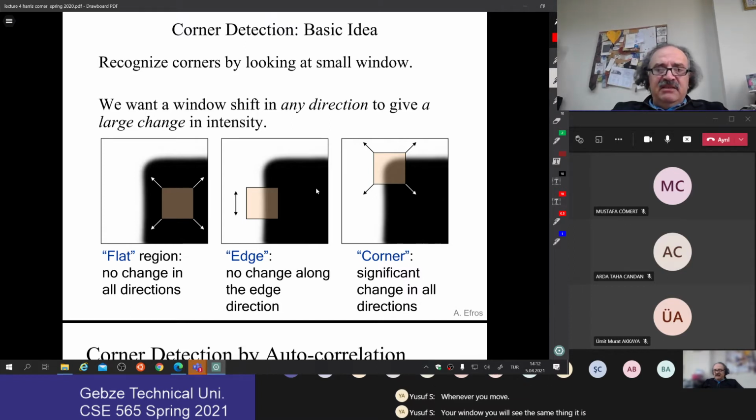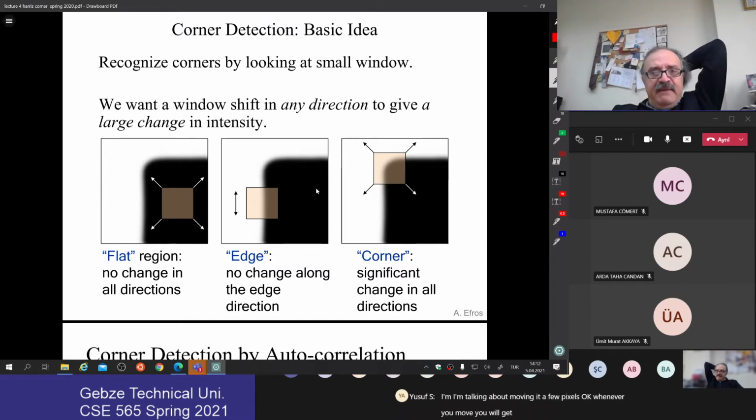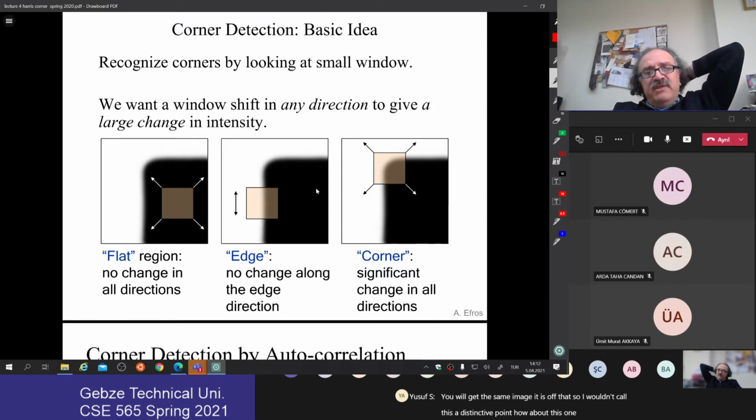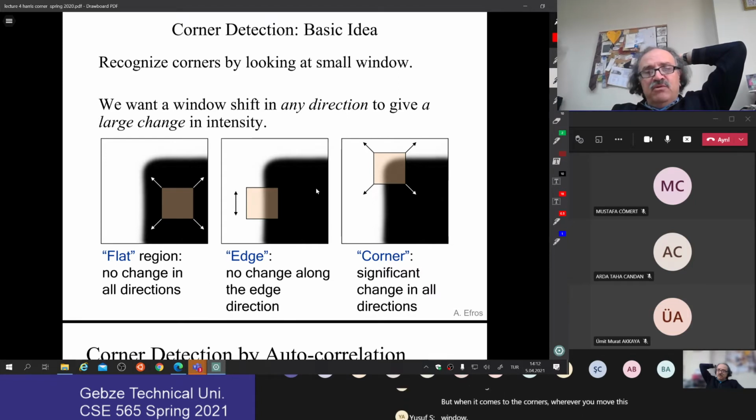It is all black and flat, so I wouldn't call this a distinctive point. How about this one? If I move this window left or right, I see lots of changes, but if I move it up and down, I don't see any changes. So this is an edge. But when it comes to corners, wherever you move this window, it's going to change a lot. There is a significant change in all directions.